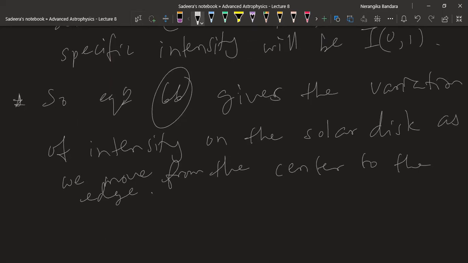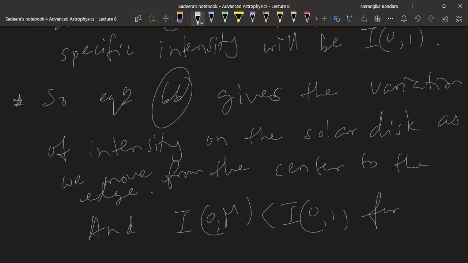And as a supplement, let me write this statement as well. This would be less than, for obvious reasons, because theta is going to decrease.